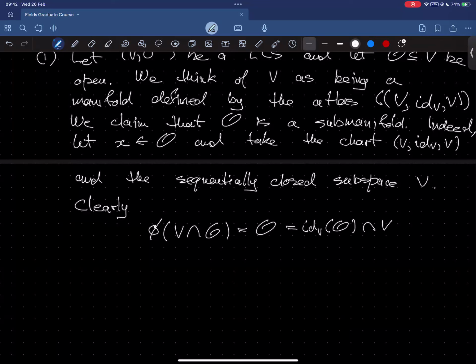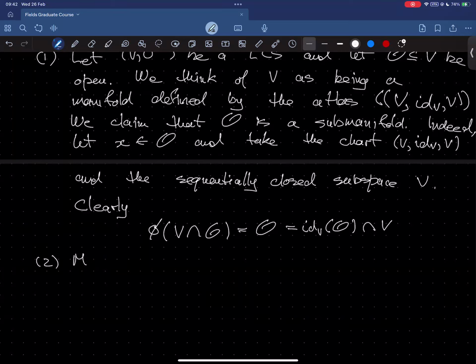Okay. So open subsets of locally convex spaces are submanifolds of the locally convex space. Right, good. So that's not an interesting example, but it's an example.